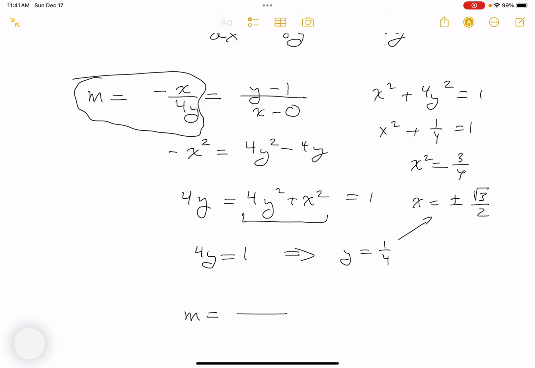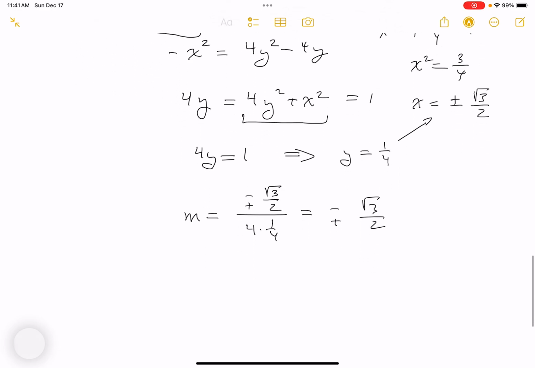That's going to be minus x, so it'll be minus plus root 3 over 2. That's the opposite of x, by the way. And y is 1/4, so you get 4 times 1/4. What does that give you? Minus plus root 3 over 2. But they didn't ask for that. They asked for m squared. What's m squared going to be? 3/4. And we're done. Thank you.